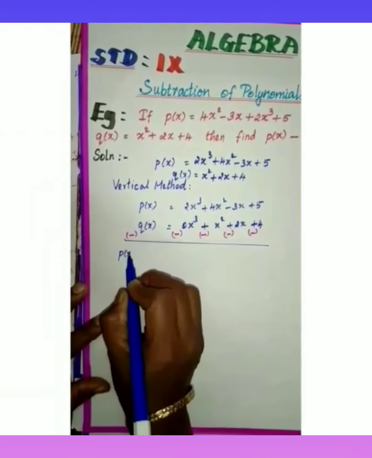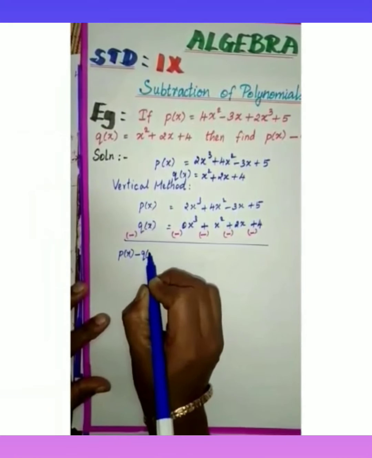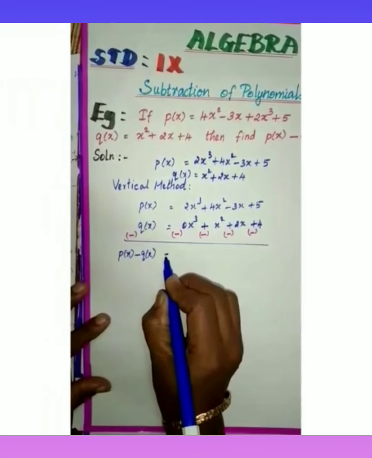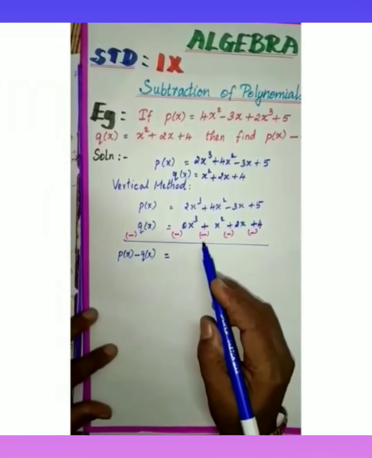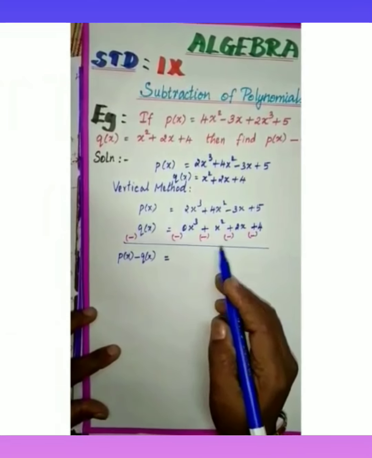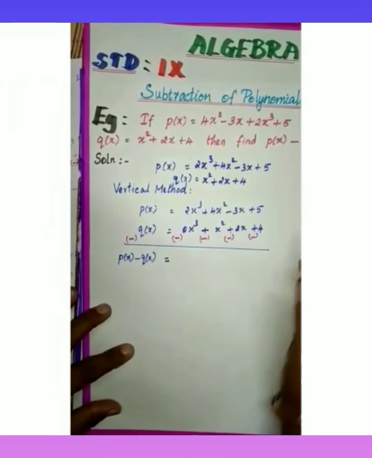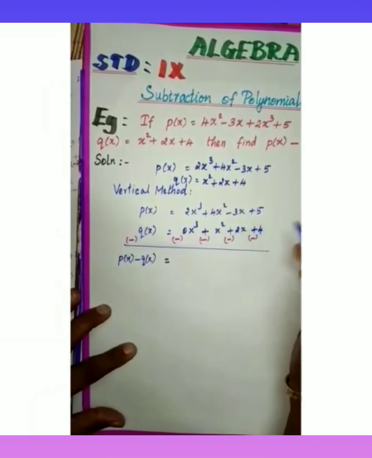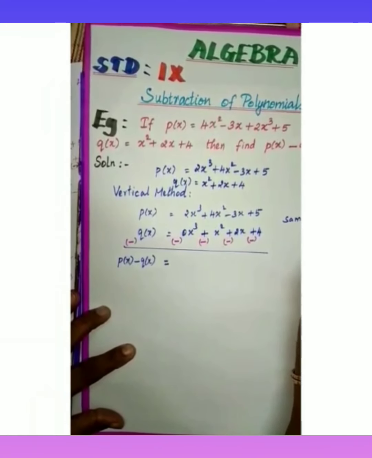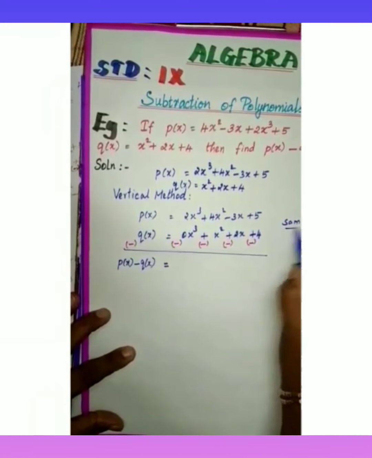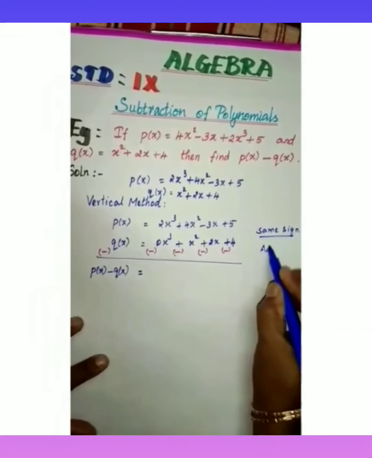P of x minus q of x equal to, last step is use the rule of algebraic addition. That is, if the given like terms are in same sign, add and write the same sign.